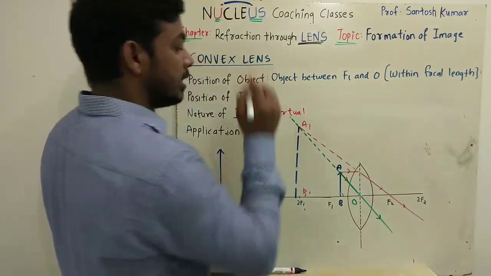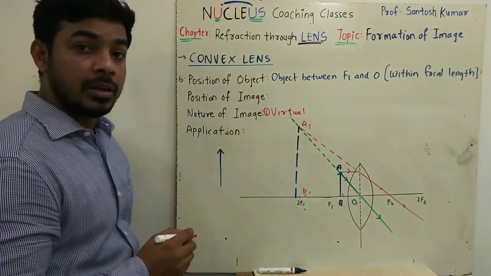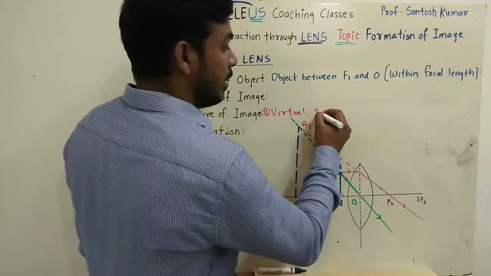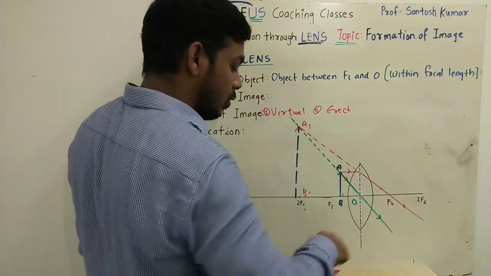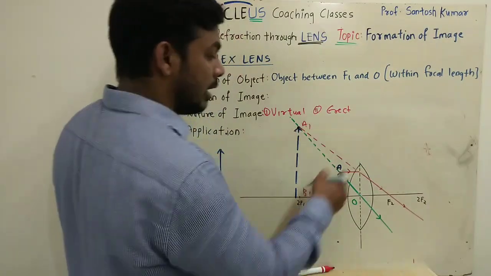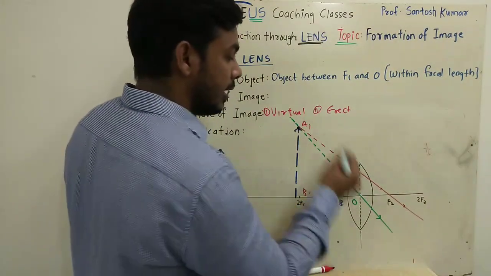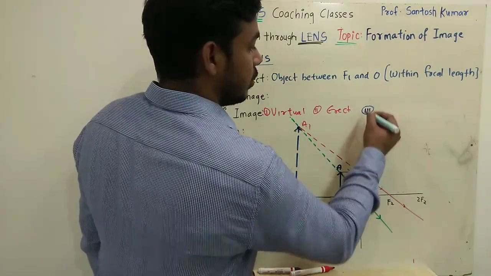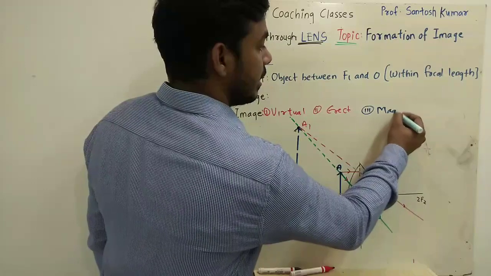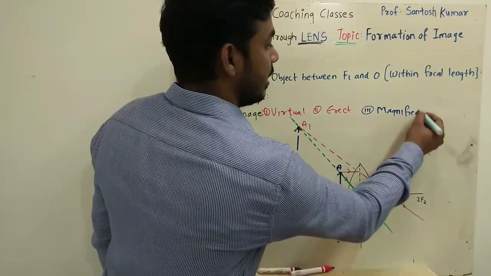This is the first case where we have obtained a virtual image, and a virtual image is always erect, because you can see the arrow in the image is upward, and even in the object it is upward, and we can say it is magnified. So it is virtual, erect and magnified.